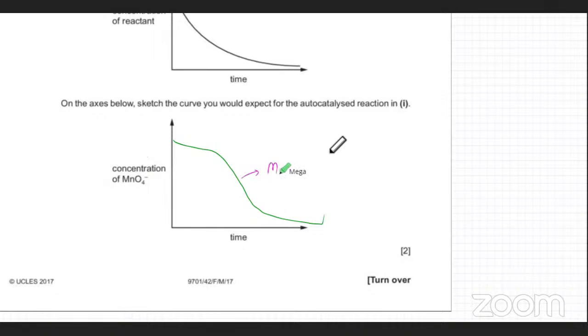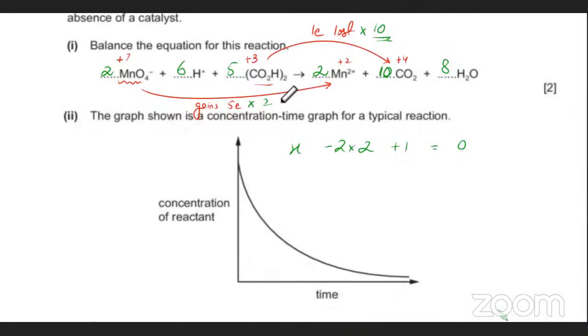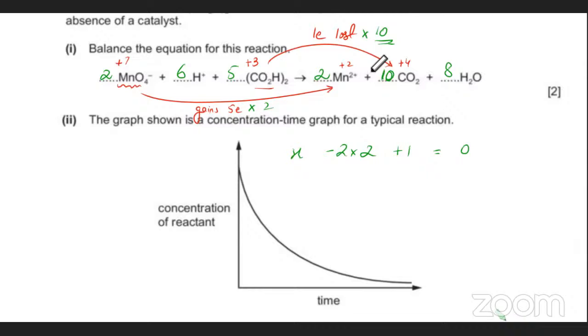Repeat once more. So at this point, Mn2+ catalysts are produced. He's saying it's an auto-catalyzed reaction. So right at the beginning, is the reaction going to be slow or fast? It's going to be very slow because there is no Mn2+ produced at the very beginning.